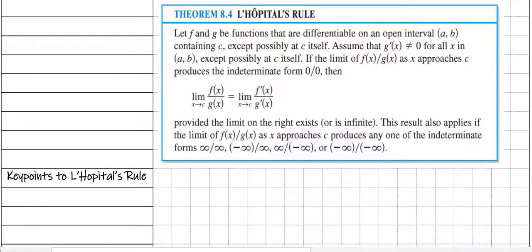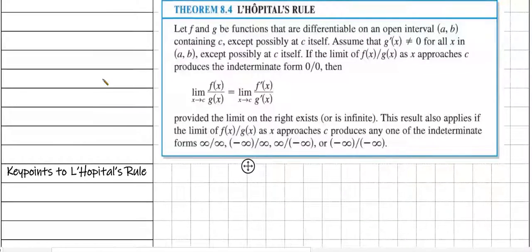Now, you may have read L'Hopital's rule, and you're probably wondering to yourself, I have no idea what it says. Well, I'm going to go ahead and break it down for you. So, L'Hopital's rule says that if the limit, I'm going to read from here, if the limit of f of x over g of x as x approaches c produces an indeterminate form, then you can do this step here.